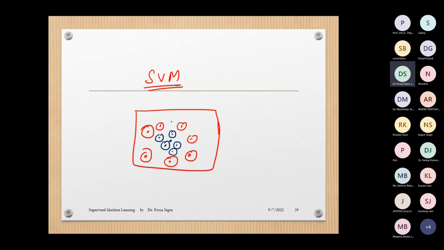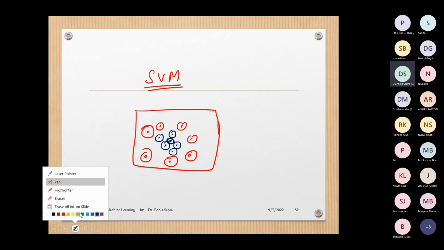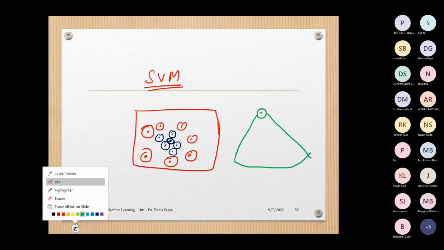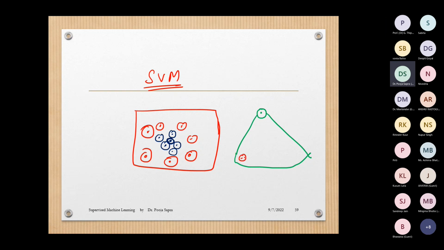I am going to pick this plane from the center, and when I am putting it, this would be something like this, wherein I would have all the red points all around the boundary, and all the blue points which are from another category would be towards the center. Is this clear?